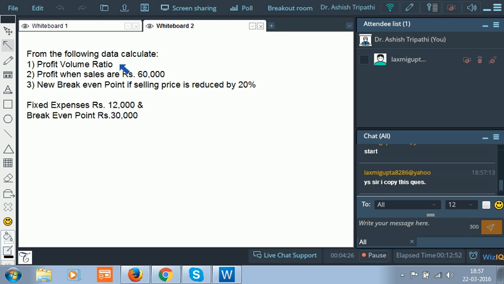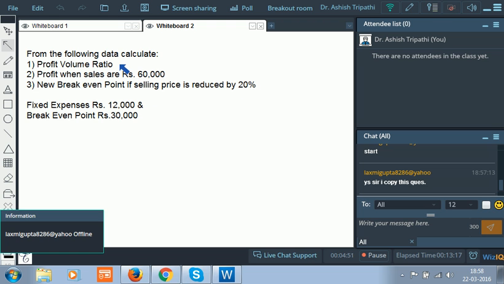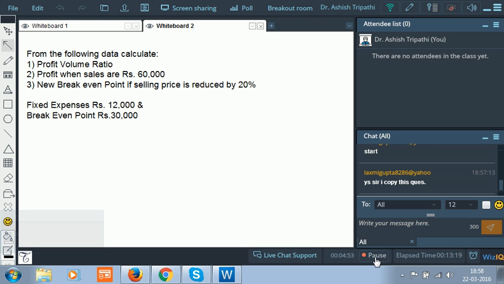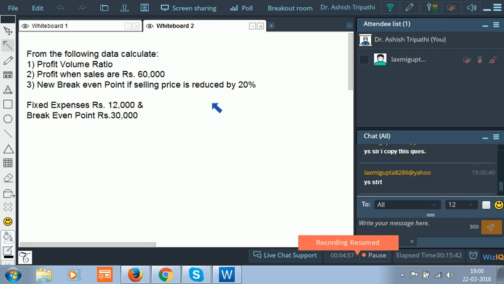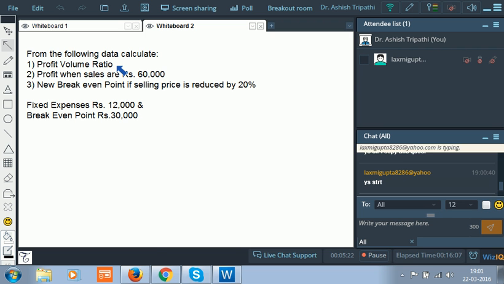Now let us try to understand PV ratio. Do you know the formula for PV ratio?